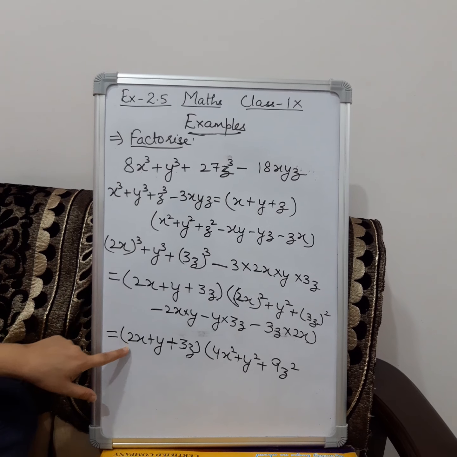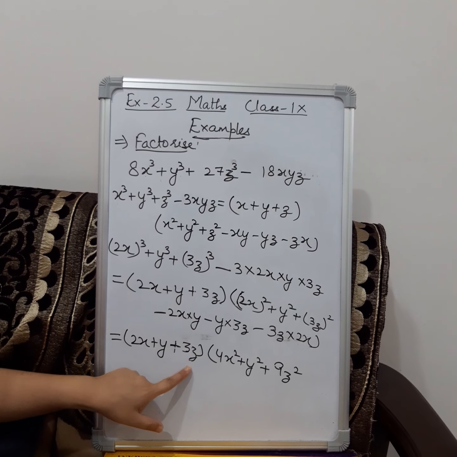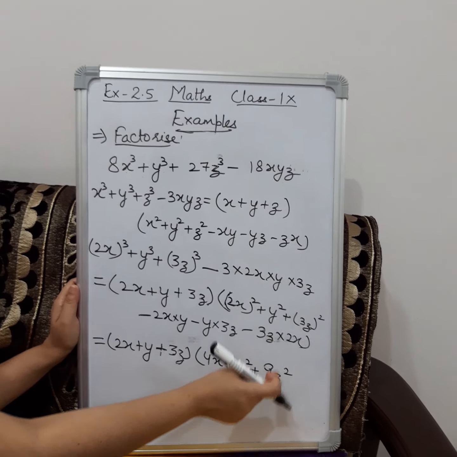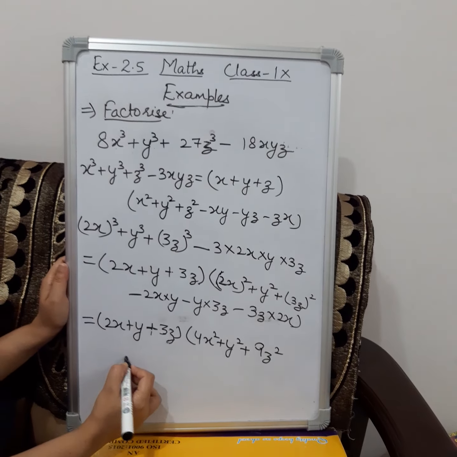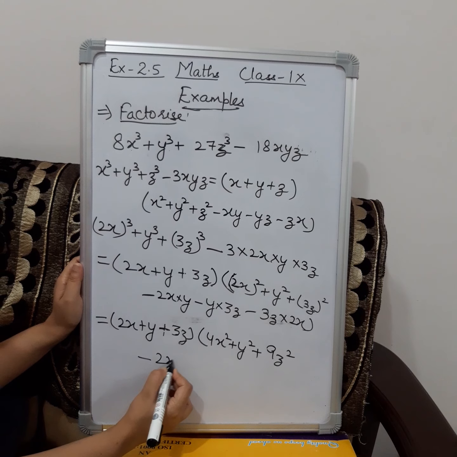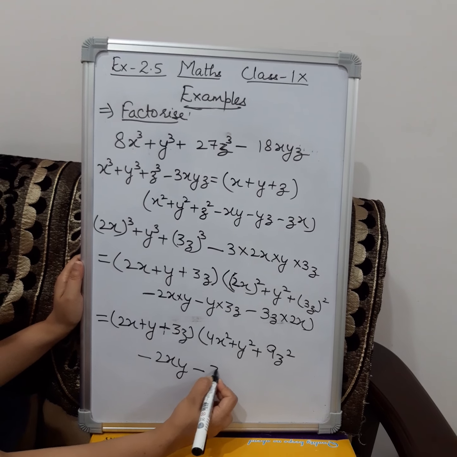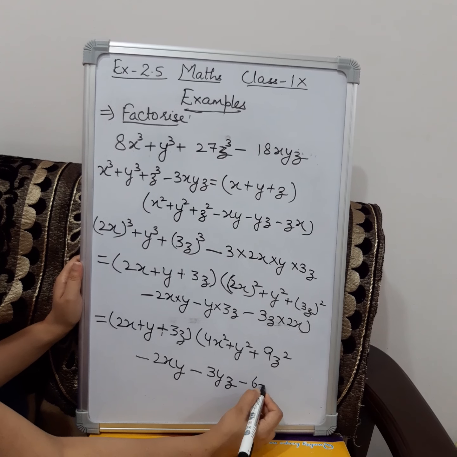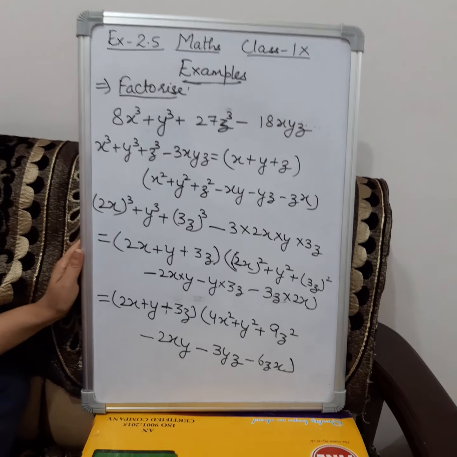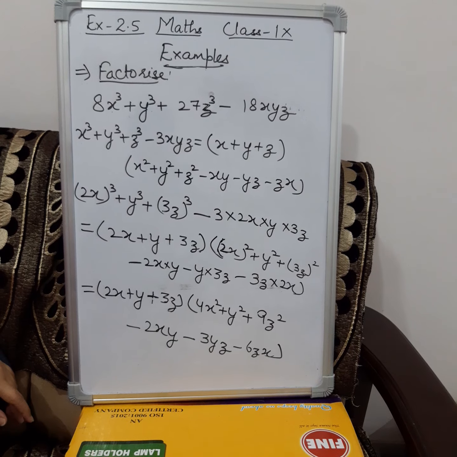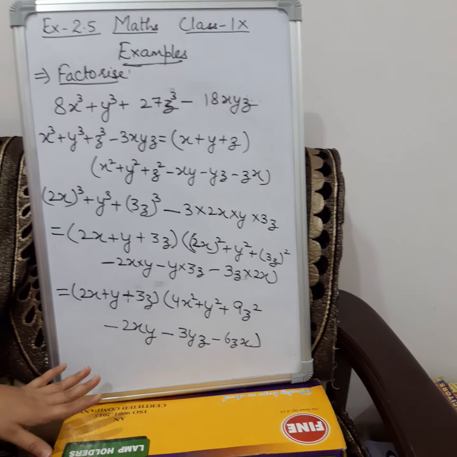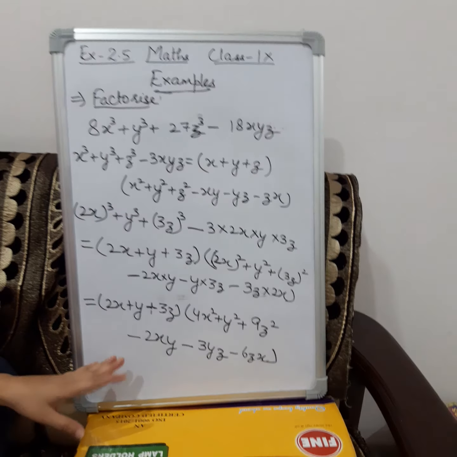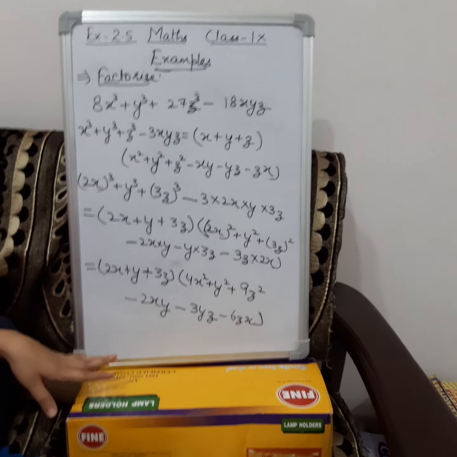So our answer will be (2x plus y plus 3z), then it will become (4x square plus y square plus 9z square minus 2xy minus 3yz, and minus 6zx). So this all was about exercise 2.5. I have discussed all the examples, and now you have to try to solve all the questions.